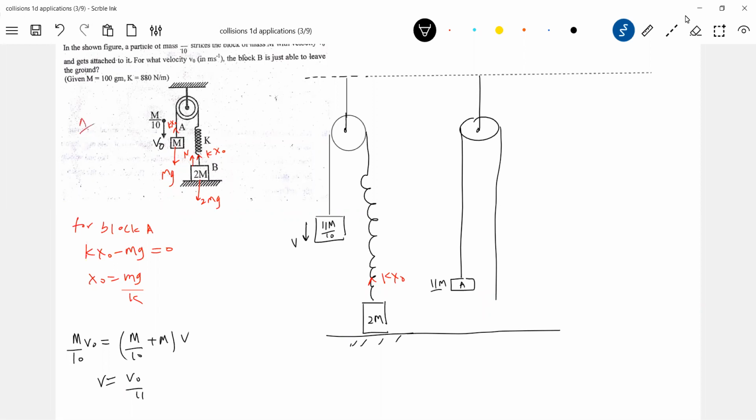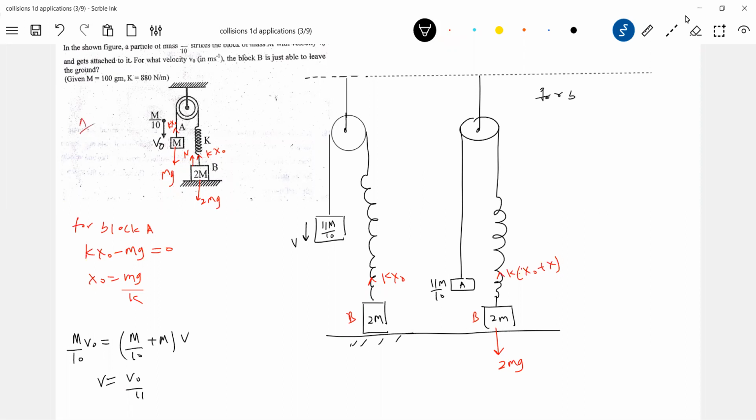I'll write here. So the spring force here should be kx naught plus x, and this kx naught plus x should overcome the weight. Then only the block B will lose contact, no? So why this further elongation? For block B to lose contact, what is the basic equation we write?